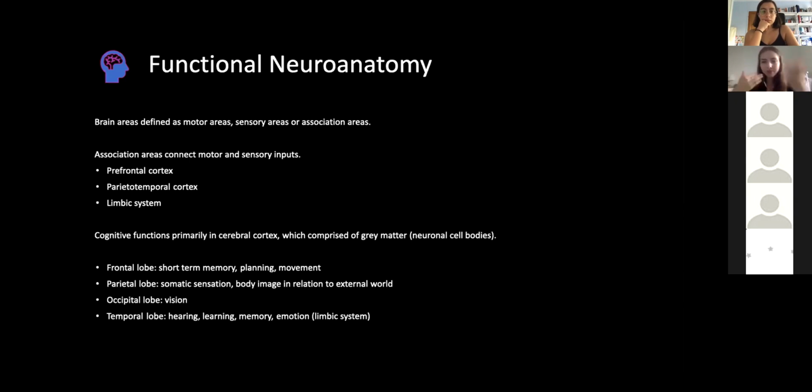Association areas are specifically the prefrontal cortex, in the front of your brain, the parietotemporal cortex, at the back side of your brain, and the limbic system, in the very center of your brain, which is responsible for emotion and memory and a bunch of integrative functions.